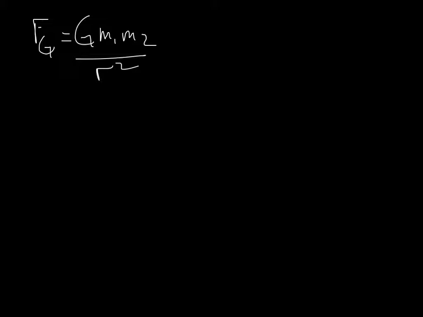And also the gravitational constant and the electrostatic constant. So G, if you remember, if not, just look it up on your AP information guide. It's 6.67 times 10 to the minus 11 Newton meters squared per kilogram squared.